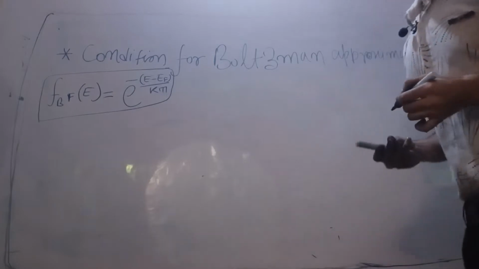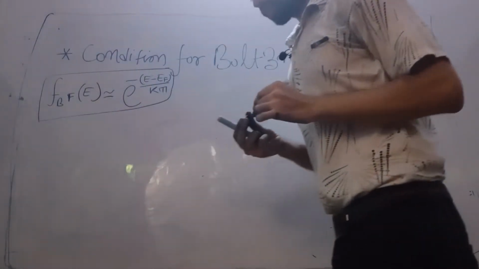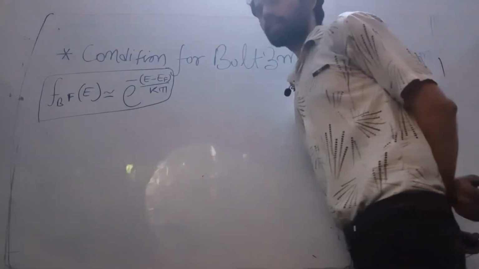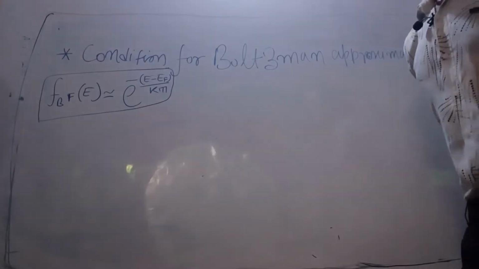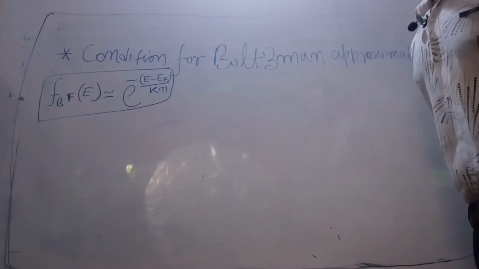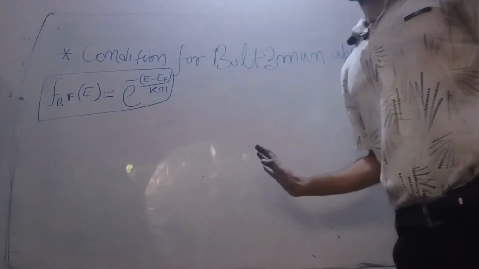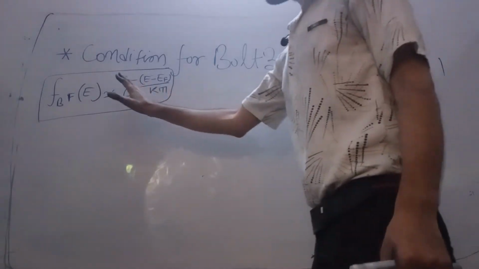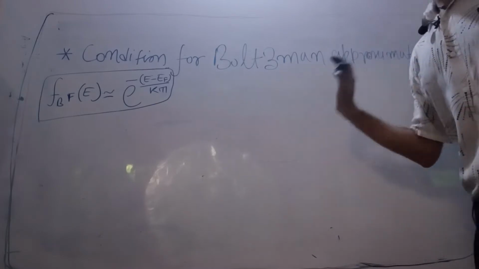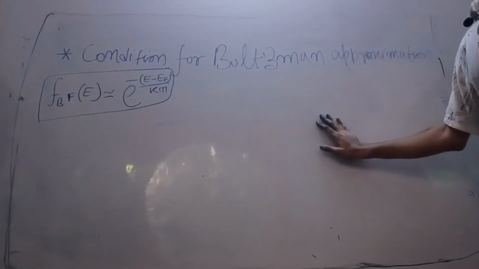When is it valid? Can we always take it into account for the calculation of charge carrier concentration, electrons and holes? Yes, there is a condition. Otherwise we have to take only the Fermi-Dirac distribution function in order to calculate the concentration of charge carriers.